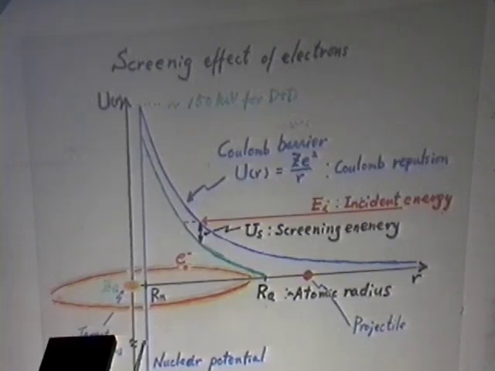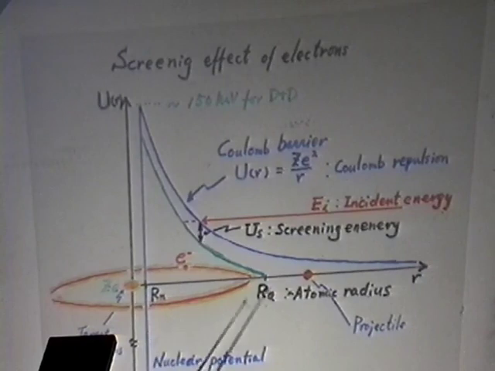We call this the Coulomb barrier. Inside the nuclear radius, the interaction is very strong, the so-called nuclear force. Therefore, up to here, you can make a nuclear reaction.